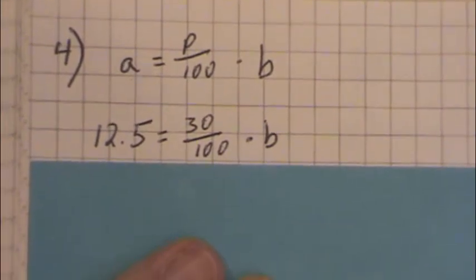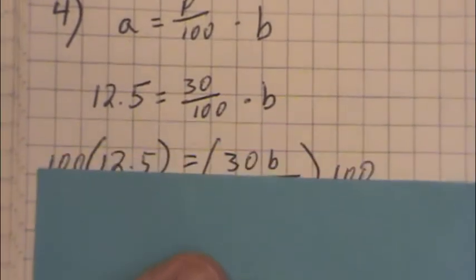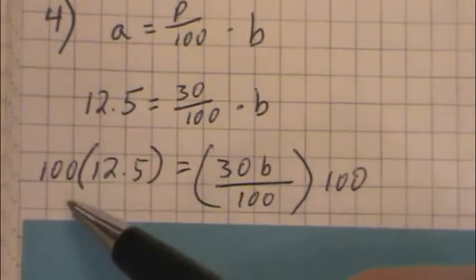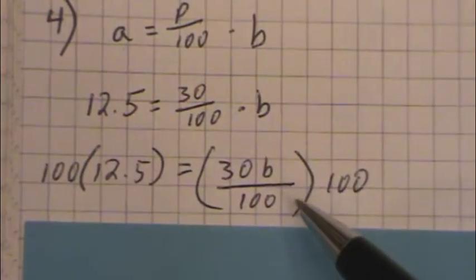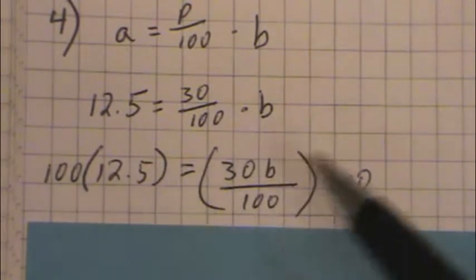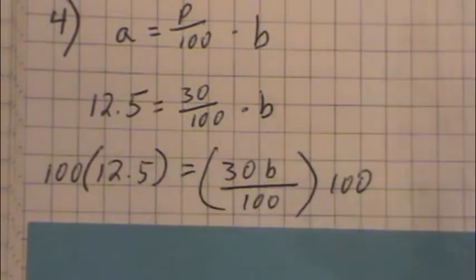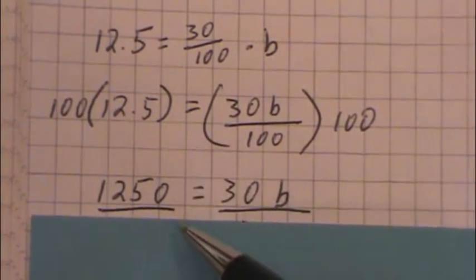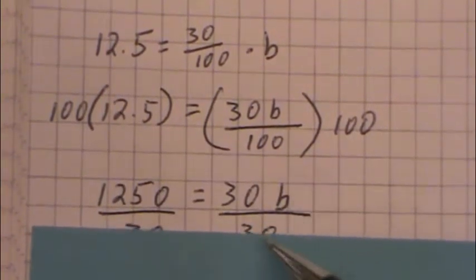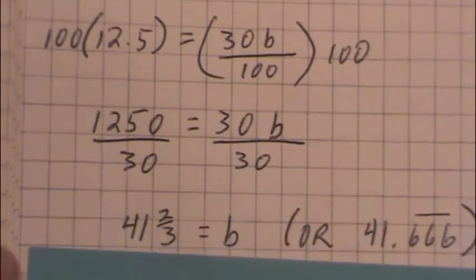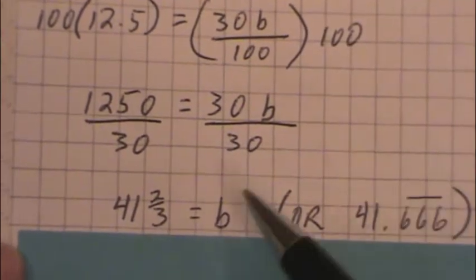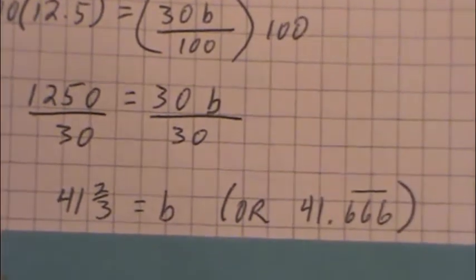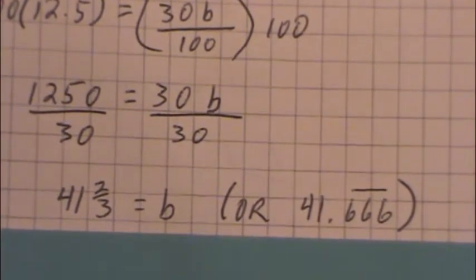Now that we've got the numbers in place, just work your equation like you know how to do. Again, this time I decided to multiply each side by 100. There are several different things you could have done. Just show me your steps. Don't forget to move your decimal point over here. And now I've got 1,250 equals 30b. Divide each side by 30. And you could have come up with 41 2/3 equals b, or 41.6 repeating.